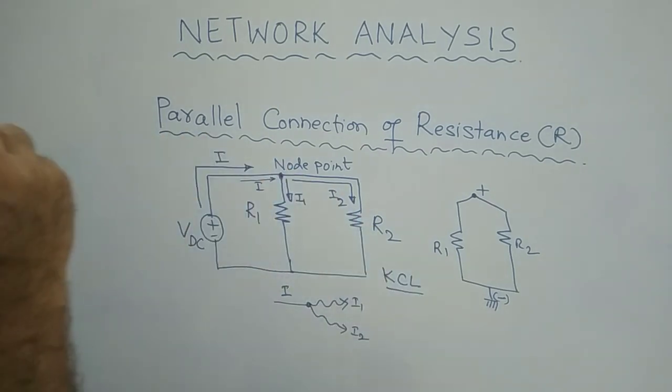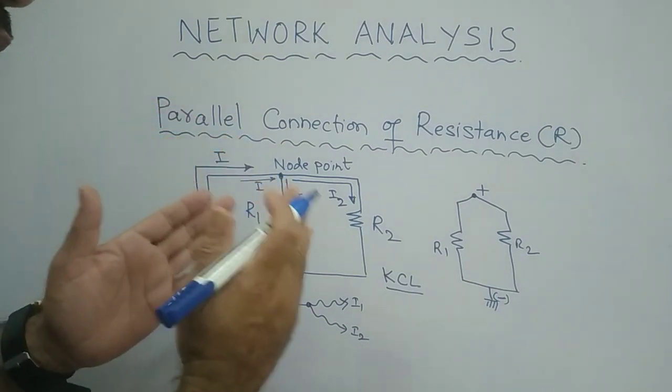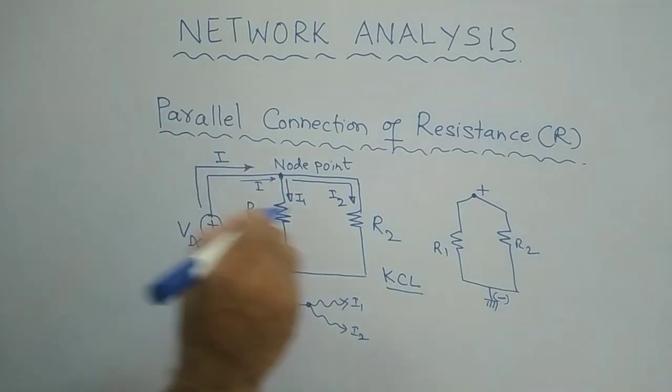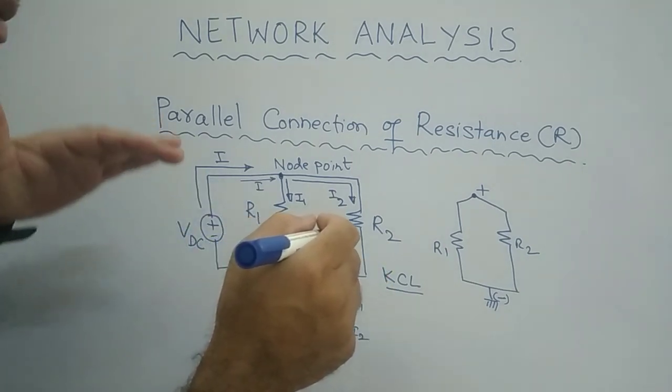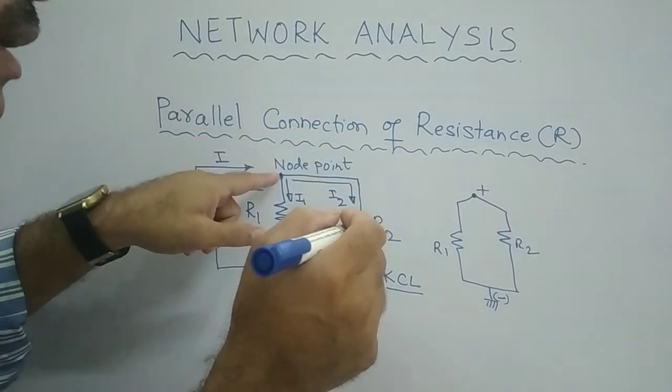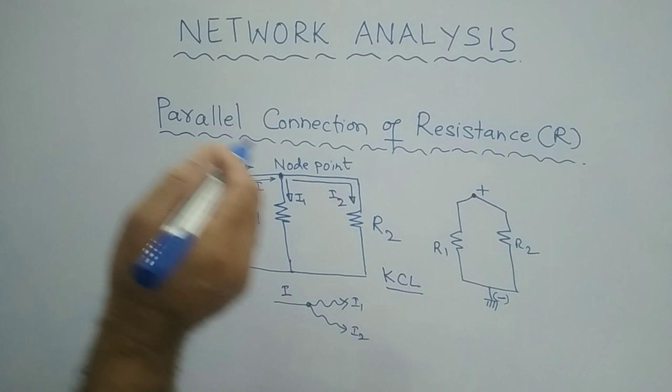what is KCL? Kirchhoff's current law. What this law states is that the sum of entering current at a particular node is equal to the sum of leaving current. Is it not?